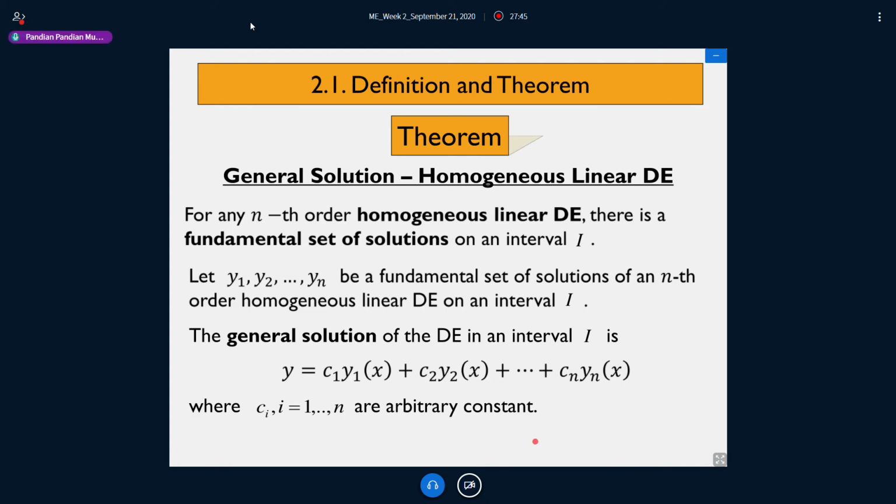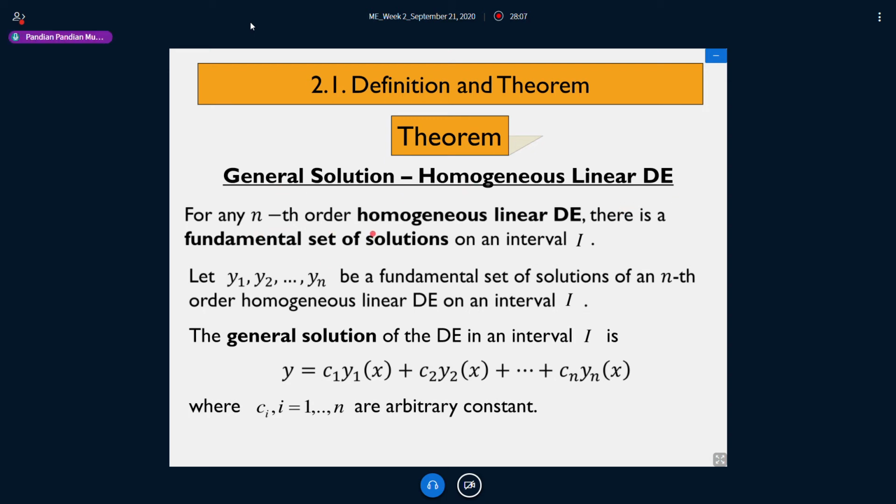Now, for the general solution of a homogeneous linear differential equation, we want to know the form. How do you write general solutions? After that, we will move on to particular solutions. First, the general solution for a homogeneous linear differential equation.